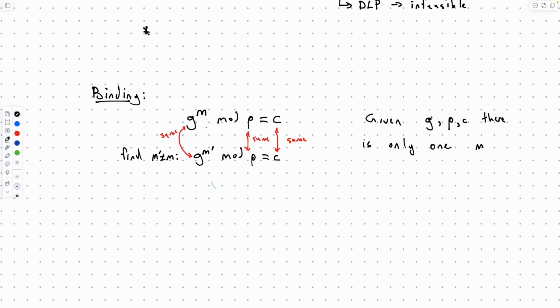So we'll lock in C. So I'll give you G, P, C, and I'll say there's only one M for C equals G to the M mod P. And then I should also say that's true for all C's. So it doesn't matter which C I give you.